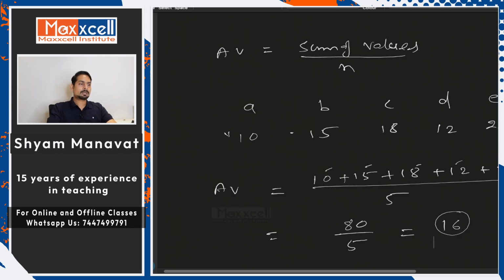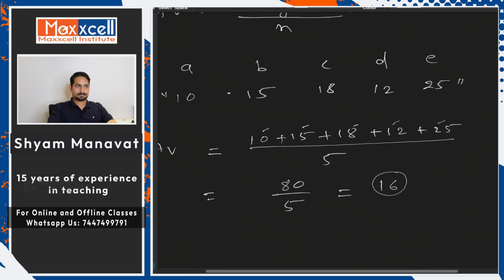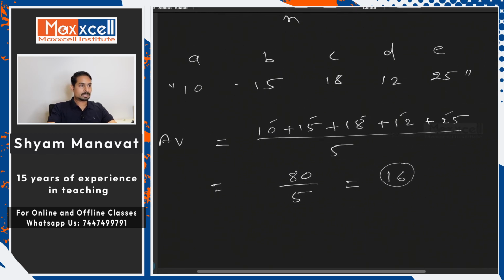Okay, now imagine that there is another person, let's say another person is X, just pay attention to this. If another person joined the group and the average increases by 2, think about it.